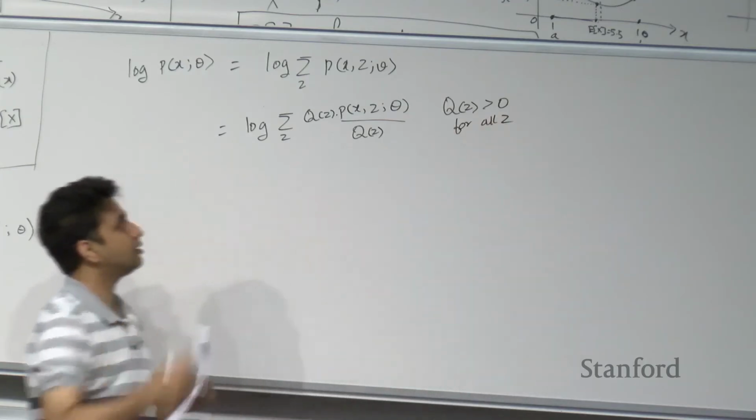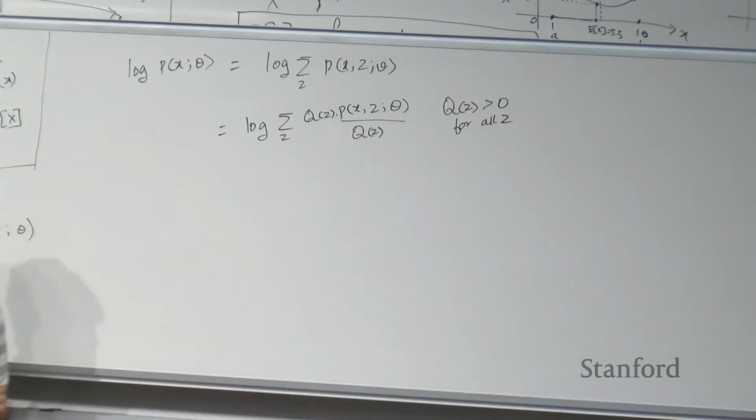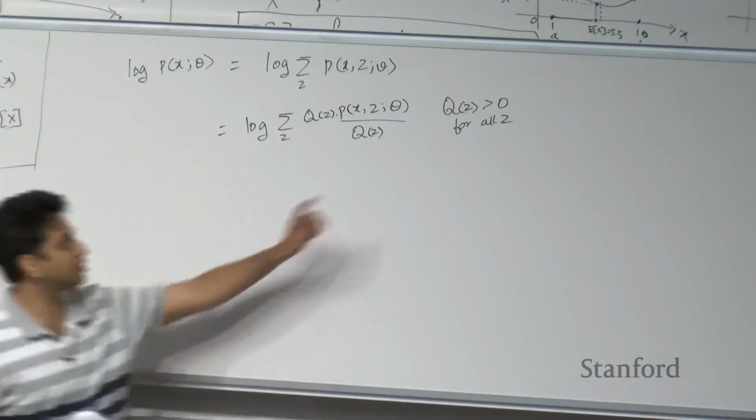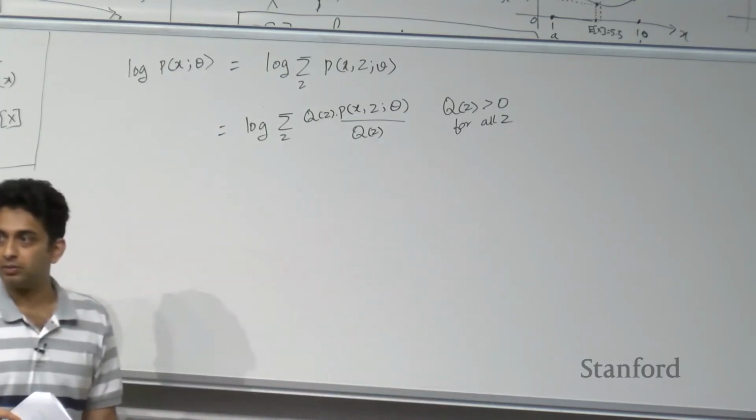Some arbitrary probability distribution over z. It could be anything whatsoever, such that q of z is greater than 0 everywhere.